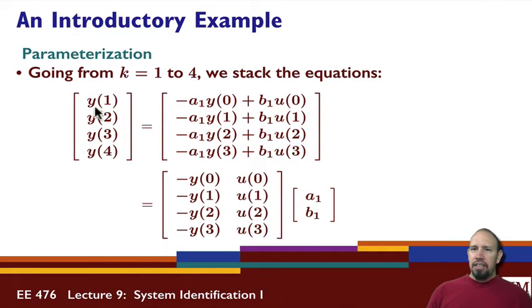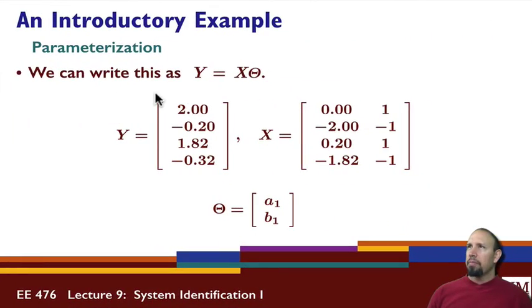Now, in this case, we know the y values and we know the u values, so we have a linear equation. We can write it this way: Y is equal to X times theta. Theta is our set of parameters. I use theta here only because it's very common in the system identification literature, not because I want to confuse you with Greek letters.